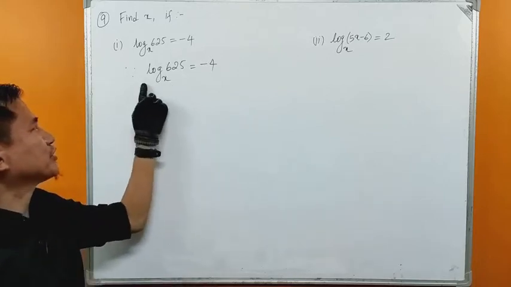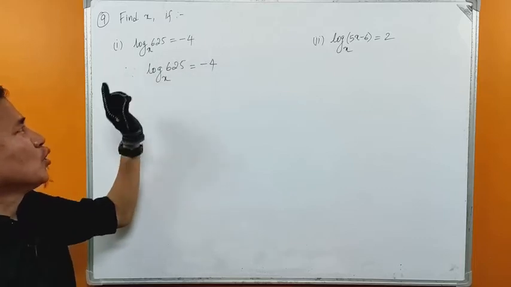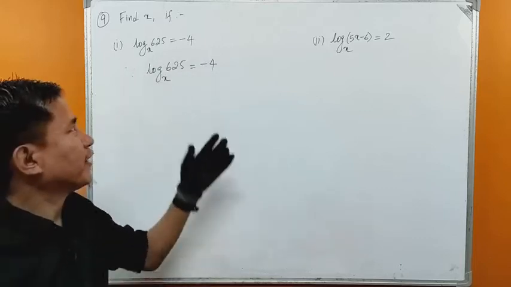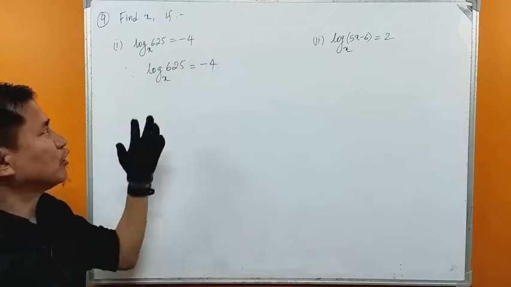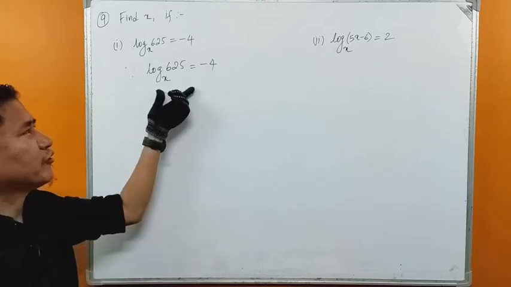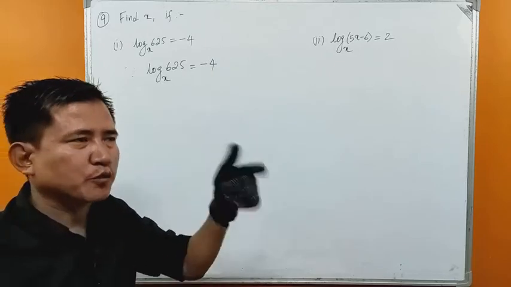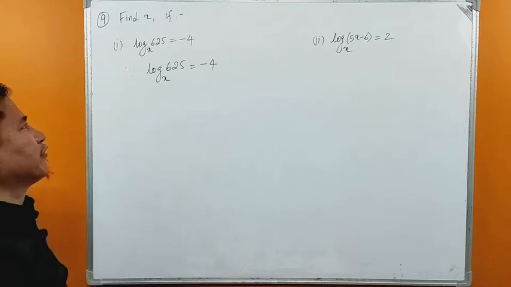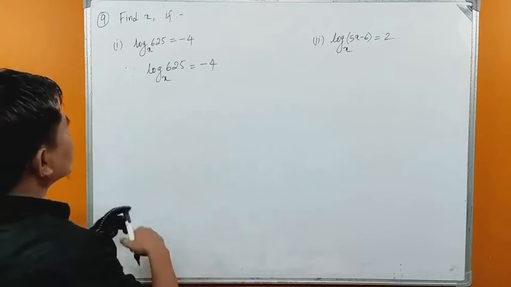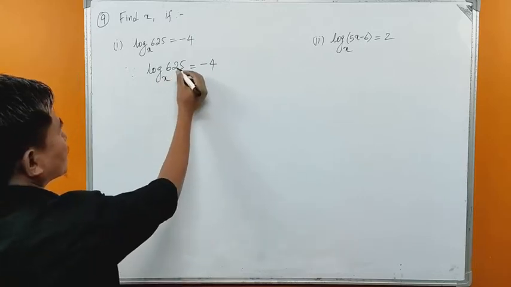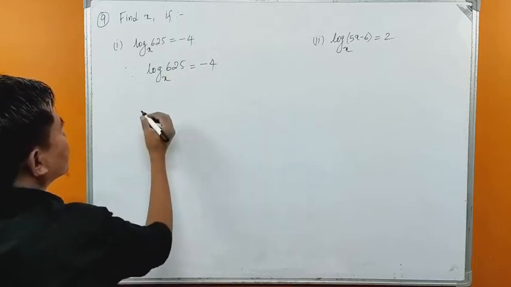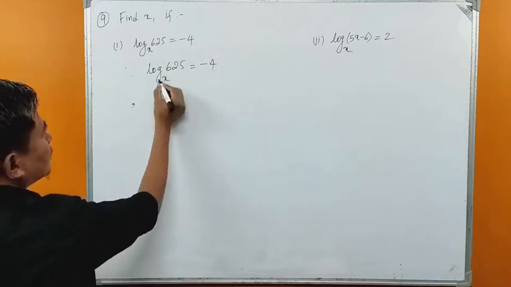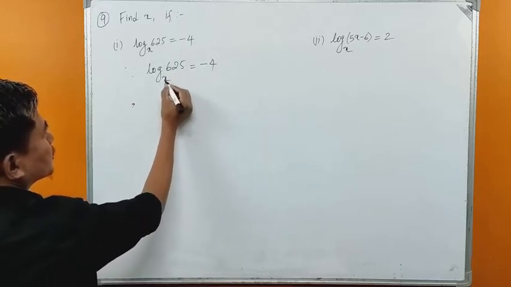We are asked to find the value of x from this equation. How do we do that? We convert this logarithmic equation to exponential form and then we will find the value of x. So log 625 to the base x equals minus 4, and we convert this into exponential form, isn't it?